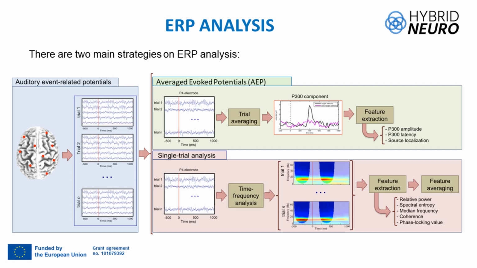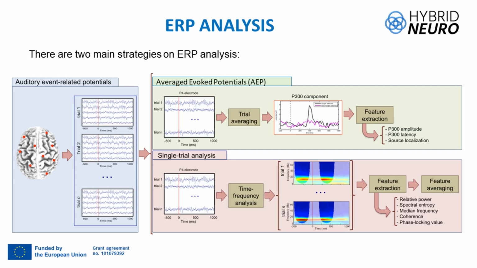But we can use not averaging, but single-trial analysis. You don't average, for example, time-frequency representations. You can observe or calculate different features, and then we average at the end the feature in all trials. So the average is at the end. In this case, this is particularly used for brain connectivity.